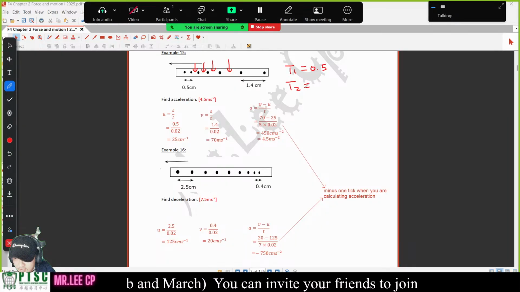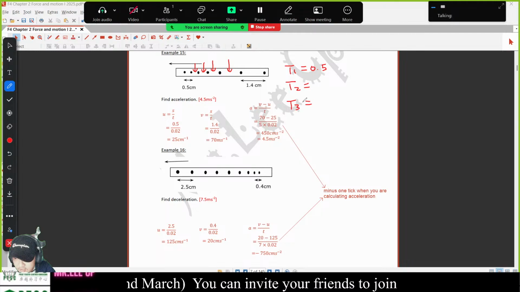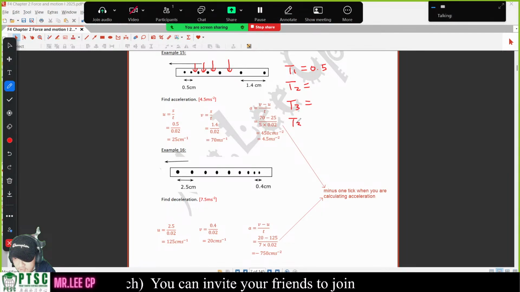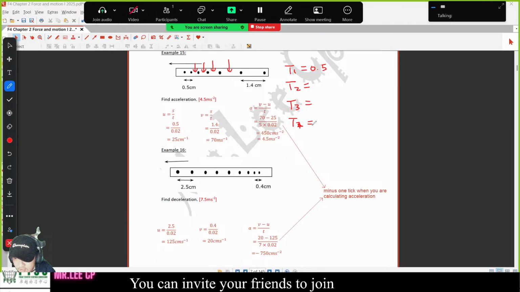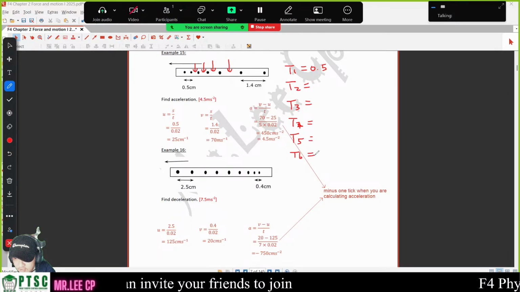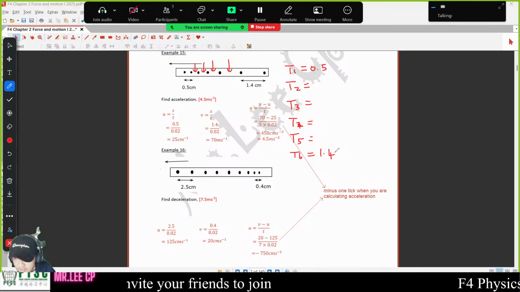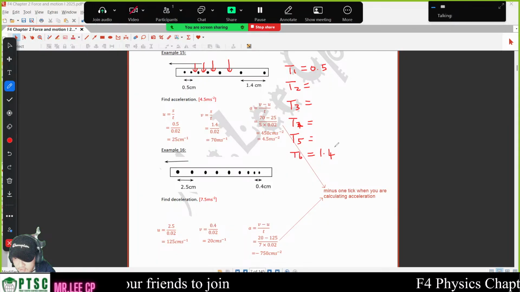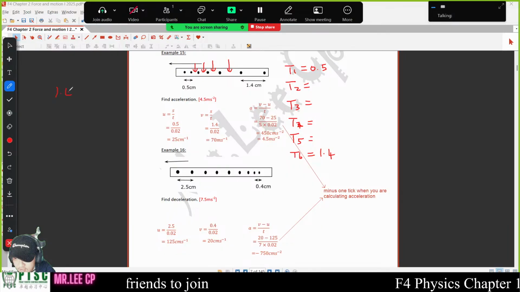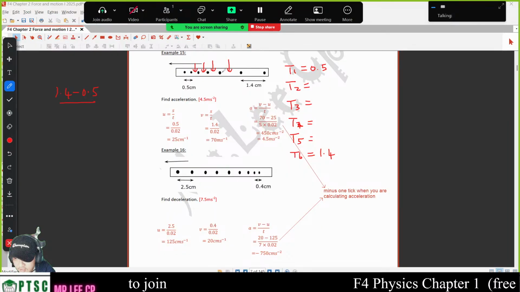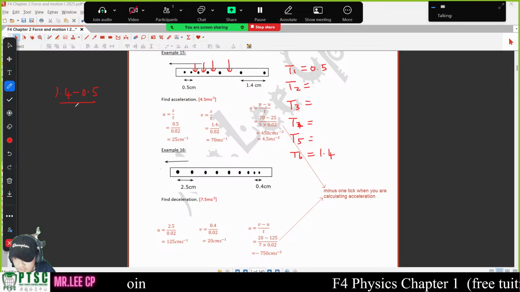T2, T3, T4, T5 I don't know. T6 is 1.4. So how are you going to calculate? Normally it is easy: 1.4 minus 0.5, and divided by 1, 2, 3, 4, 5, divided by 5.